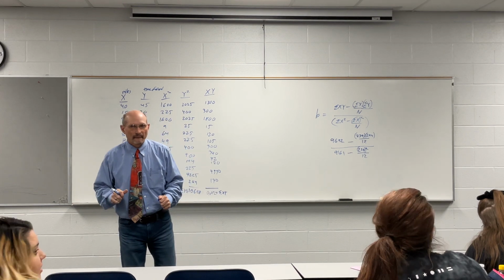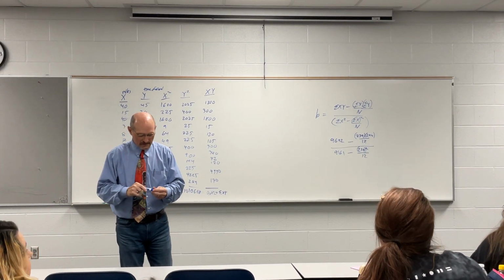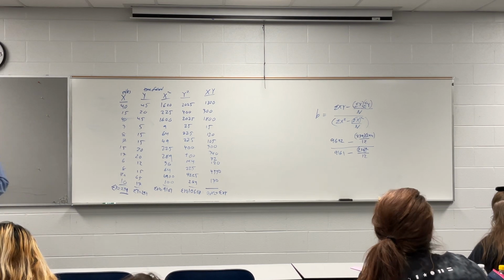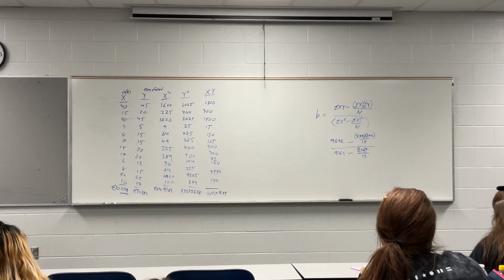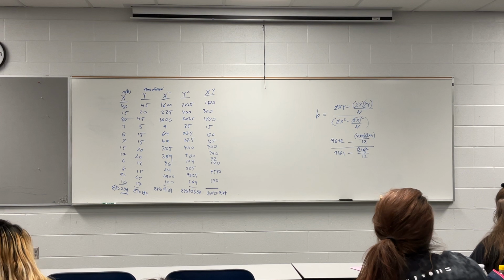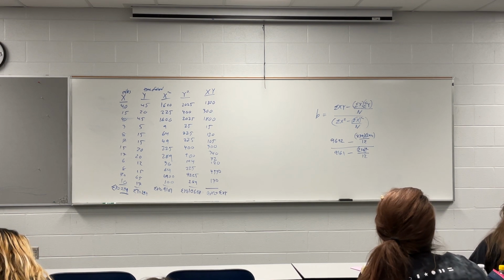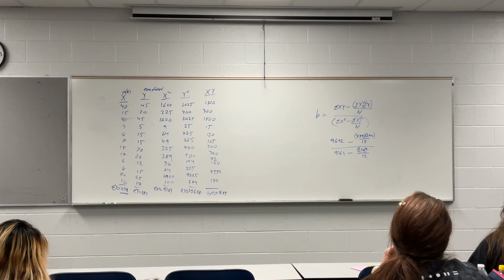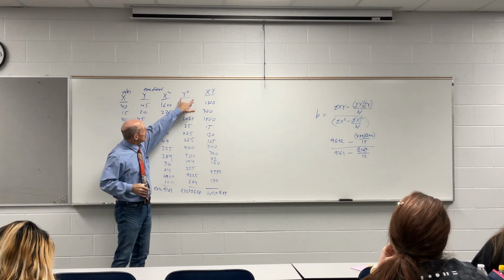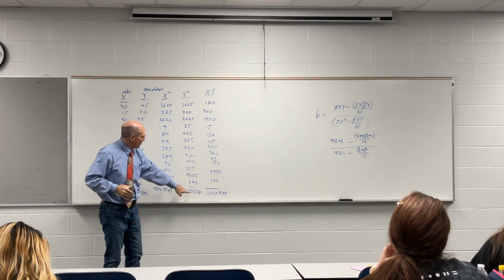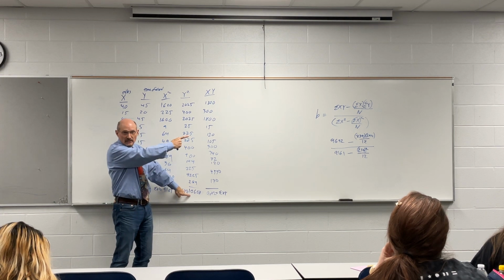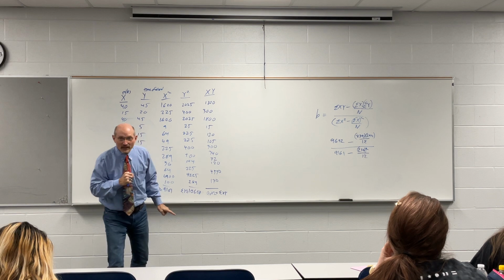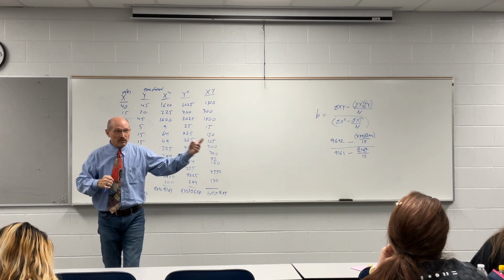Which number in the table did I not use in this formula? The summation of y squared, right? I got a column here, and that number doesn't show up over there. That is okay for this version of the problem.